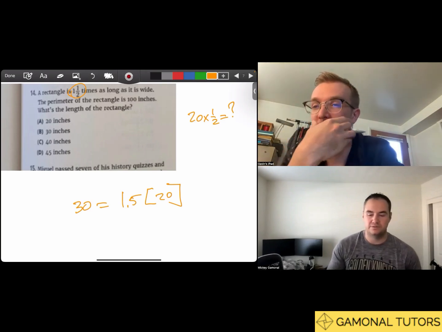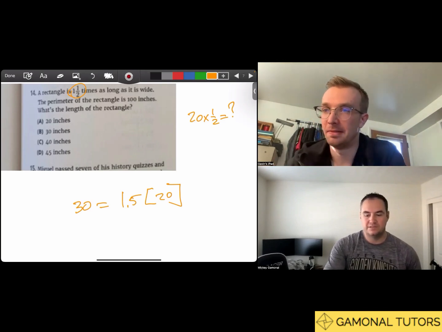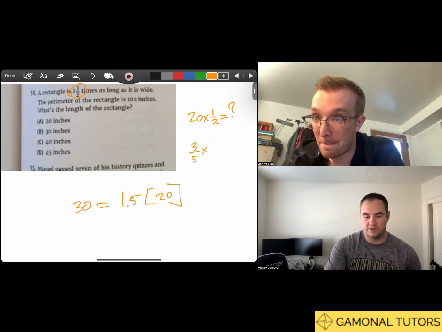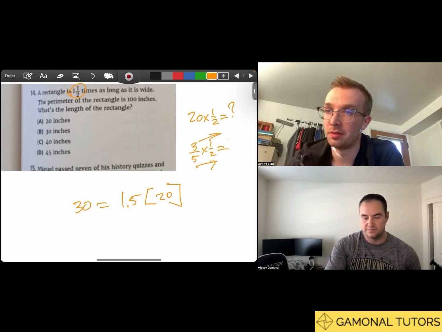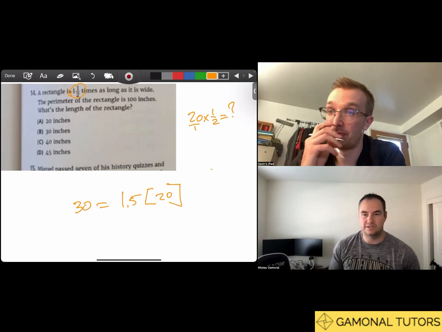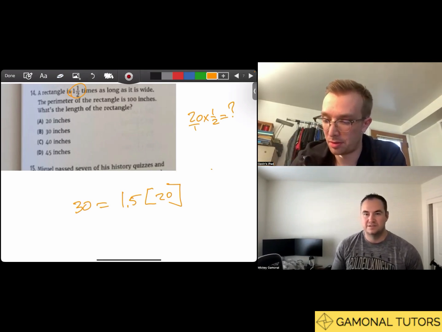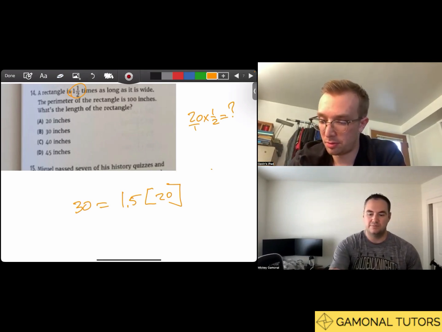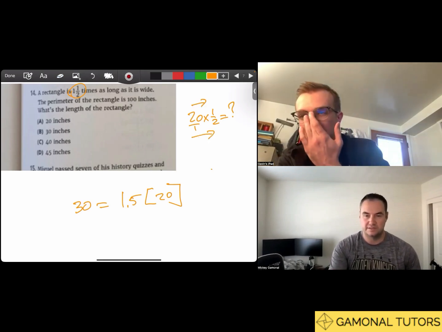Yeah, that's what you end up doing. So anytime you see something like 3/5 times 1/2, all you're going to do is multiply straight across. So this becomes 3 times 1 over 5 times 2, right? Same thing here. It's just 20 is not a fraction, so what you do is you turn it into 20 over 1, and then you multiply straight across.